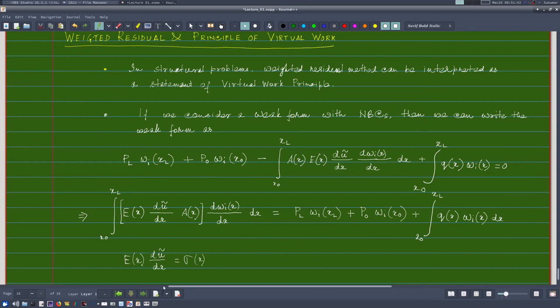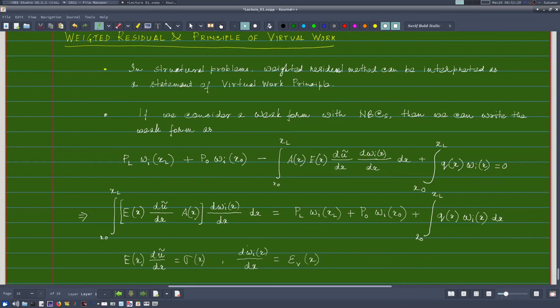This multiplied by A, let me keep it as it is. Then what is this? If w i is my virtual displacement, then d/dx of that is my virtual strain. So I can visualize this dw/dx as virtual strain. This v stands for virtual, of x.